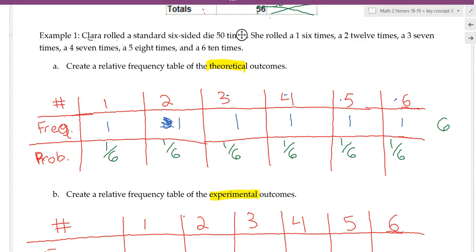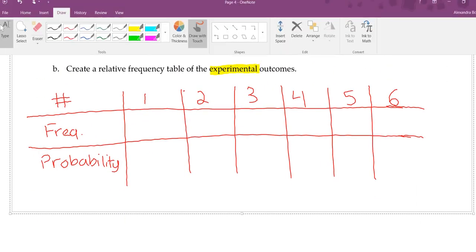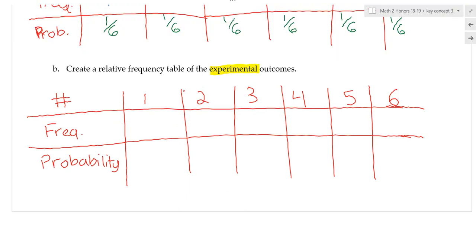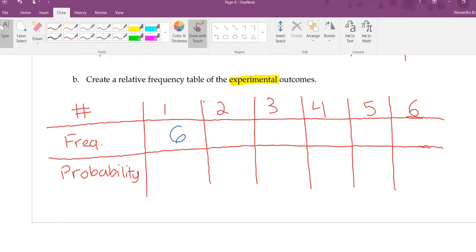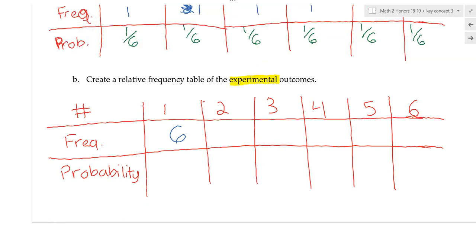She rolled a 1 6 times. So under 1, I put 6. How many times did she roll a 2? 12 times. 3, I believe it's 7 times. I believe 4 was also 7.